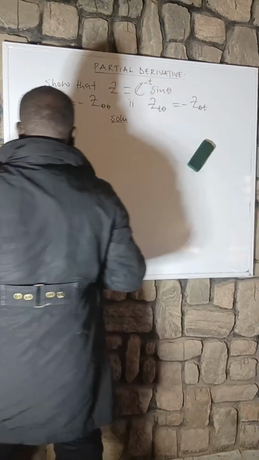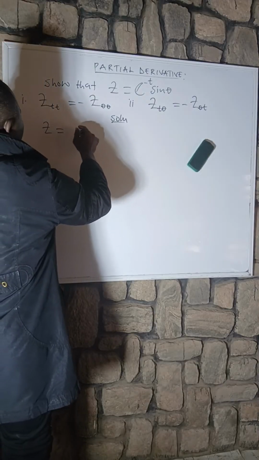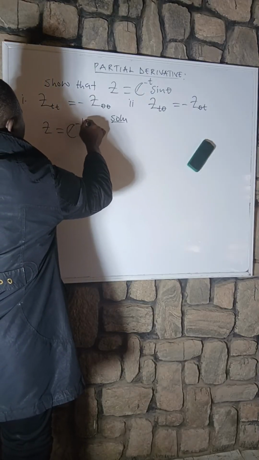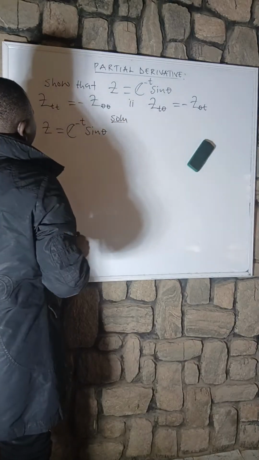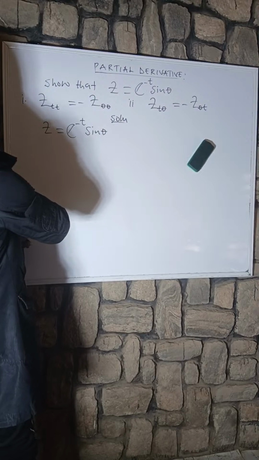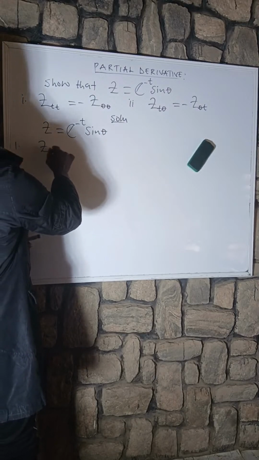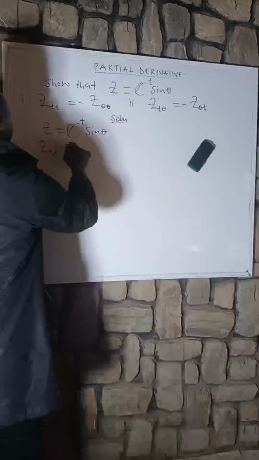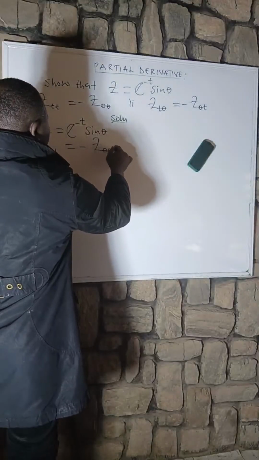So let's write the solution. Our function is z equals exponential minus t sine theta. Then we have to consider z subscript t equals minus z subscript theta. Let me explain this.